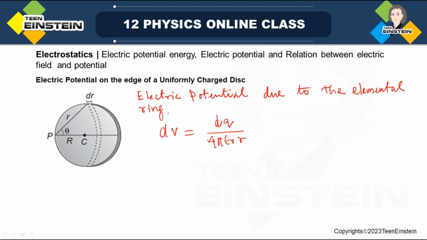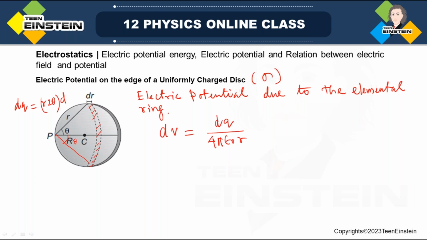But what is this dq? Suppose the surface charge density is given as sigma. This element has a surface area. The thickness is dr, so what is the length? This angle is theta, so this is 2 theta. The length is r times 2 theta, the length of the arc, and dr is the thickness.